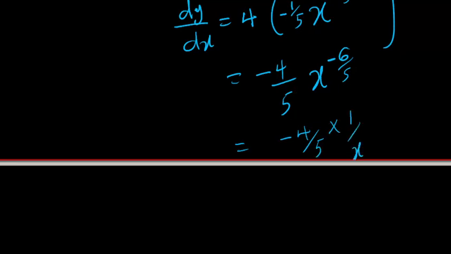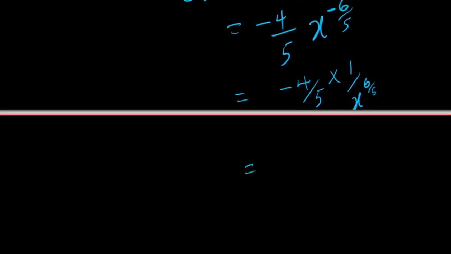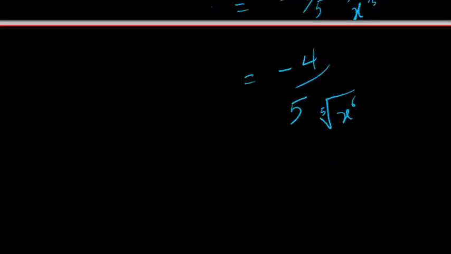This can come down, so you remove the minus. Once it comes down, you remove the minus. So we have minus 4 over 5 times the 5th root of x raised to power 6, from the idea of indices. So that's the final answer.